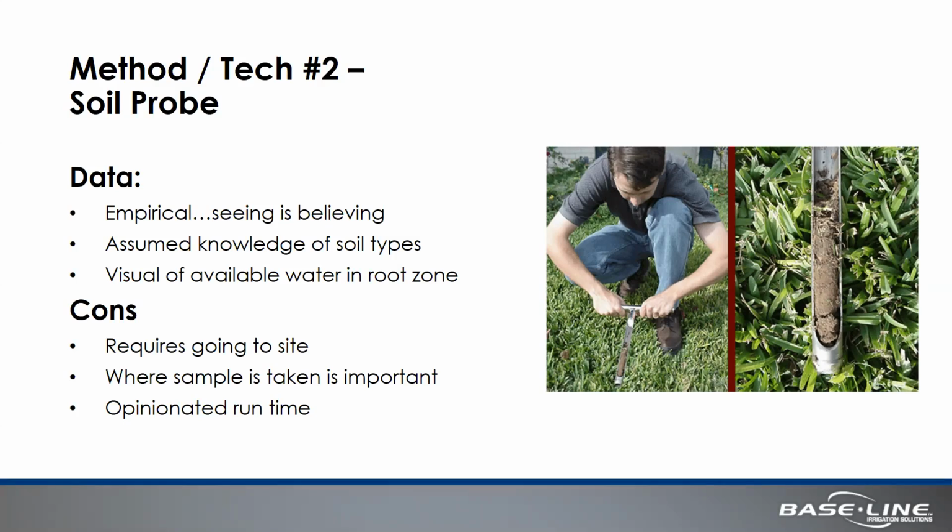It also requires going to the site in order to take this kind of measurement. Where the sample is taken on the site can be a specific indicator, which may not reflect the water need for the entire site. And again, it's an opinionated runtime as to how much water should be put down in order to replenish that soil profile.